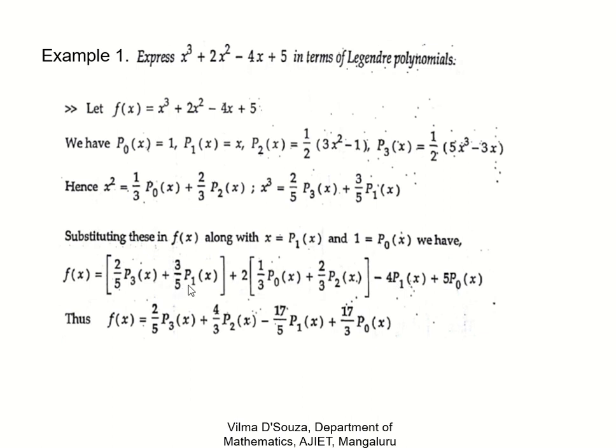Take the common denominator, so 3 minus 20 by 5. So that is minus 17 by 5, P1 of x. And here P0 of x is 2 by 3 plus 5. Take the common denominator, 2 plus 15 by 3. That is 17 by 3, P0 of x. Okay. So with this, we will move on to the similar problems.